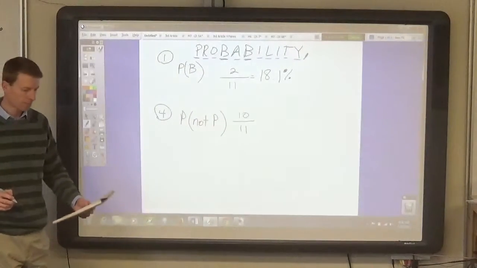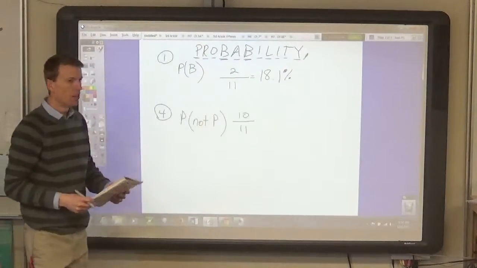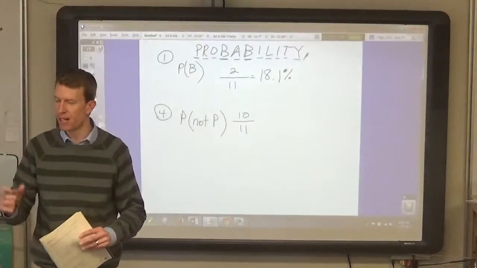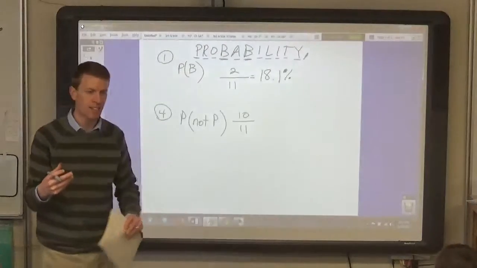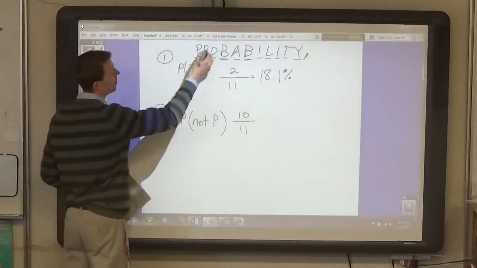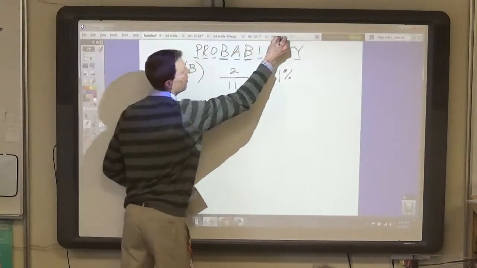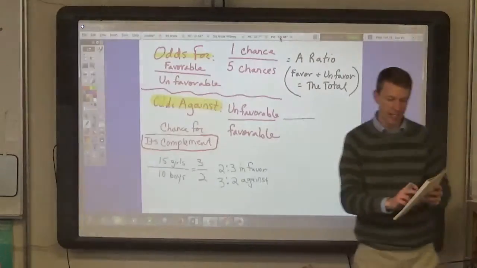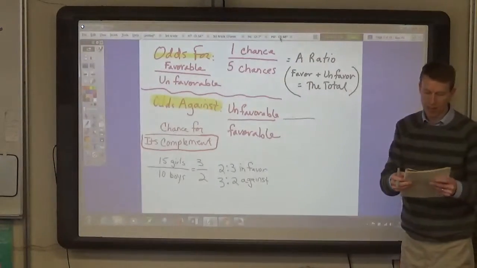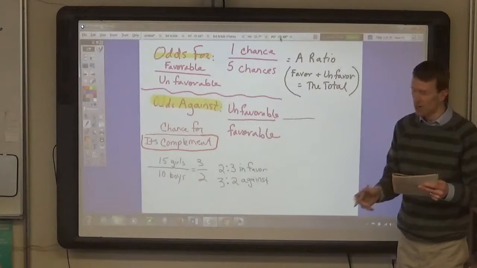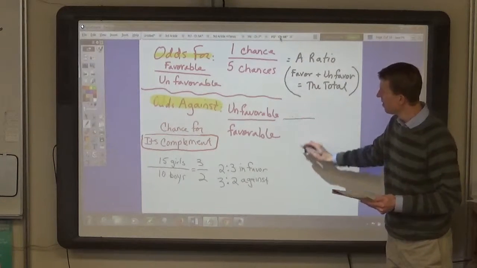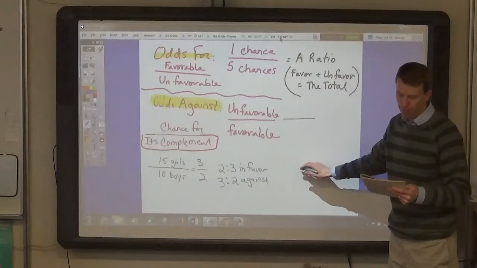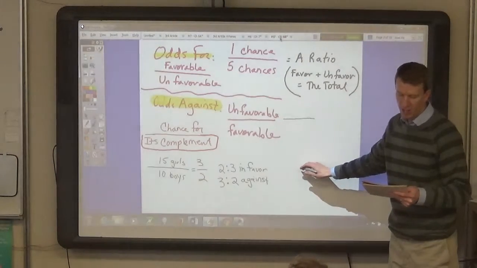Now, go to number 5, because that one's different. That one refers to odds in favor and odds against. In this case, they list the Erb family and the Smith family, and ask what's the odds in favor of choosing a girl?